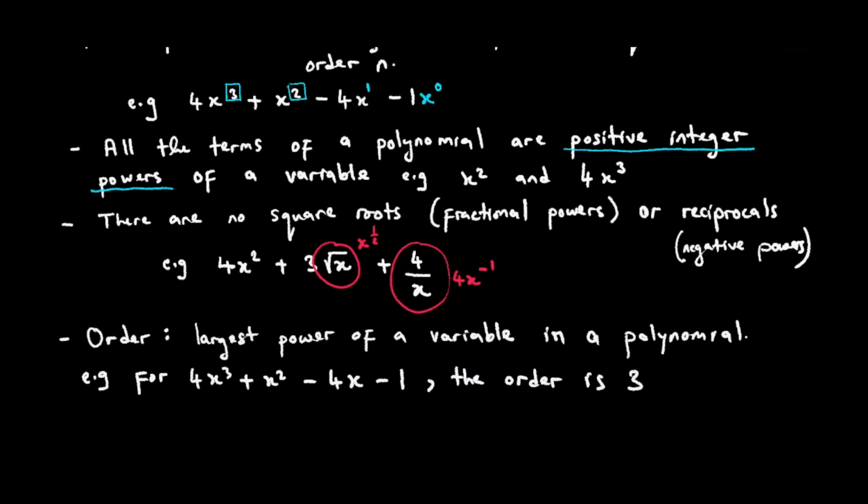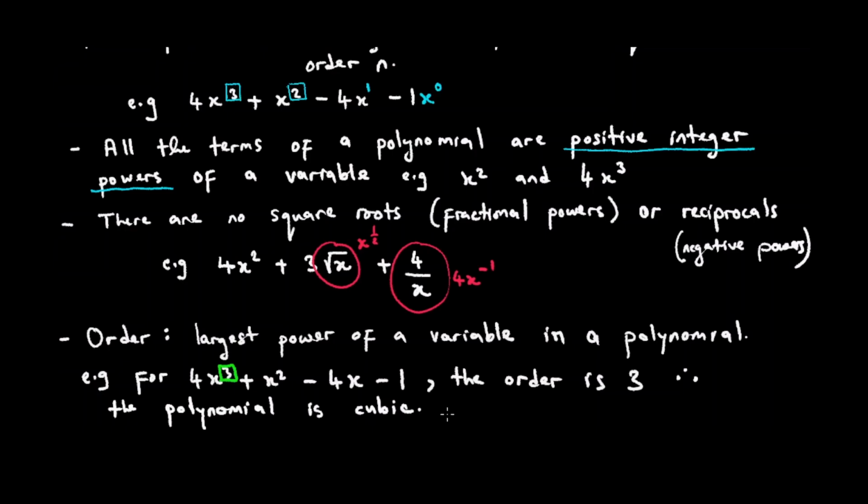Why are we saying the order is 3? Because the largest power of the variable here is 3. So since the order is 3, this means therefore the polynomial is cubic. That is what it means.